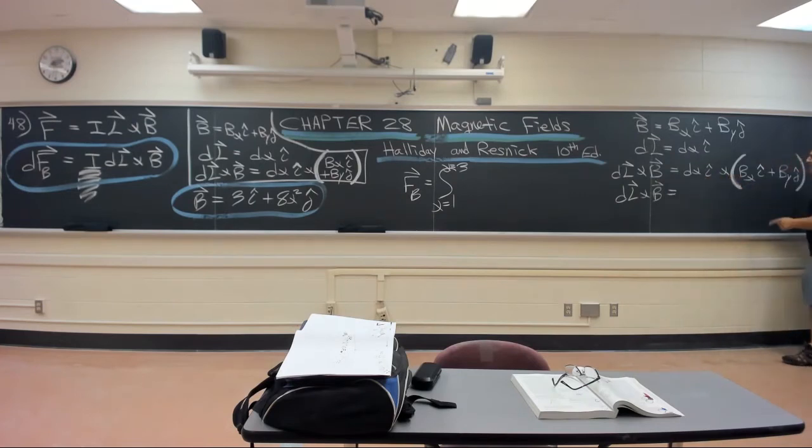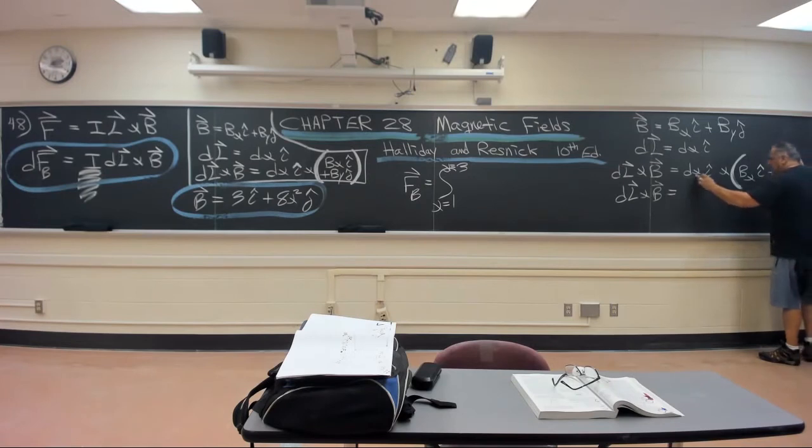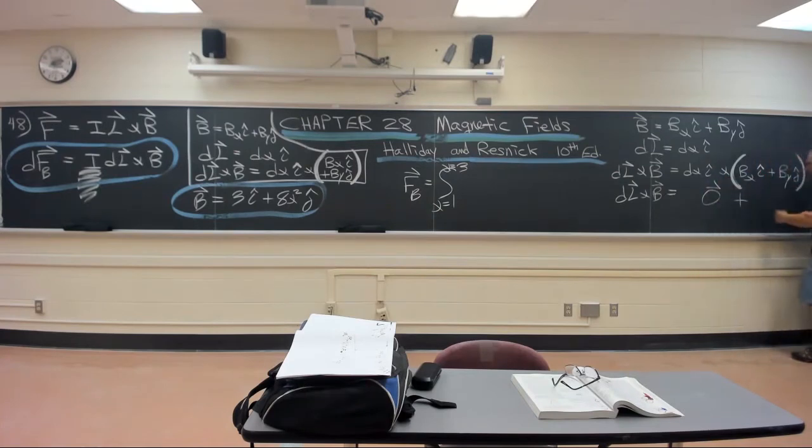We know enough about the cross product that we can distribute it out if we do things correctly. dx I hat cross bx I hat is 0, or the 0 vector. That's fine too, but it's a zero-magnitude vector.